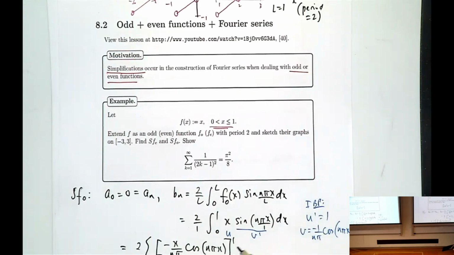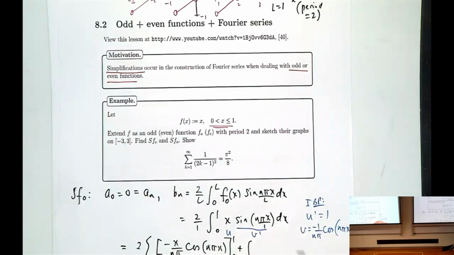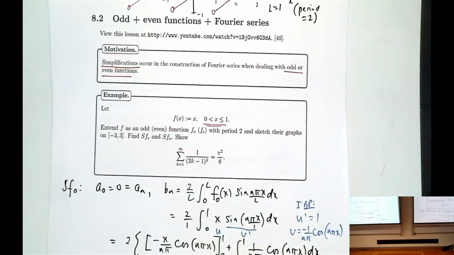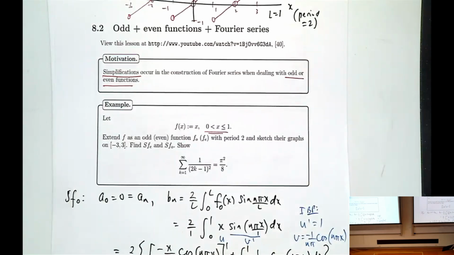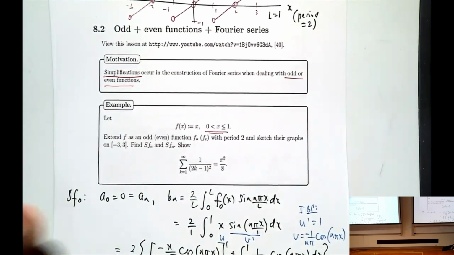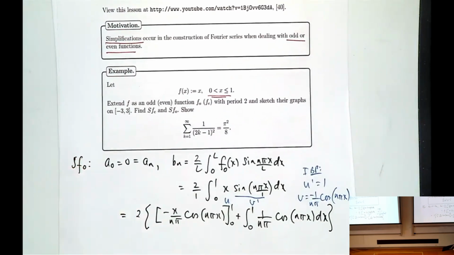So that's a negative. I want to have a negative there, so it'll be positive. Okay, so let me move that up a bit. All right.